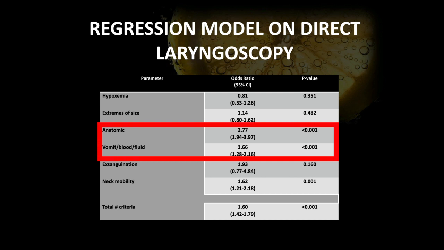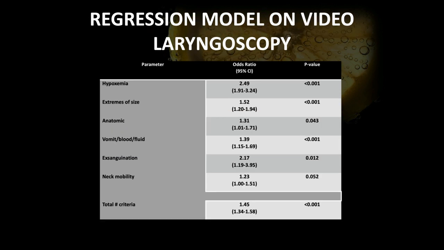But I also want you to understand that the other parameters, hypoxemia, extremes of size, sanguination, neck mobility, all those p-values are less than 0.05. And so that is still significant. It's just not highly significant like you're seeing the p-value of less than 0.001.